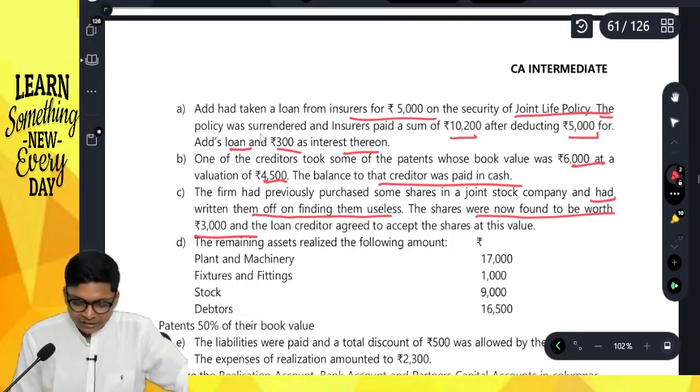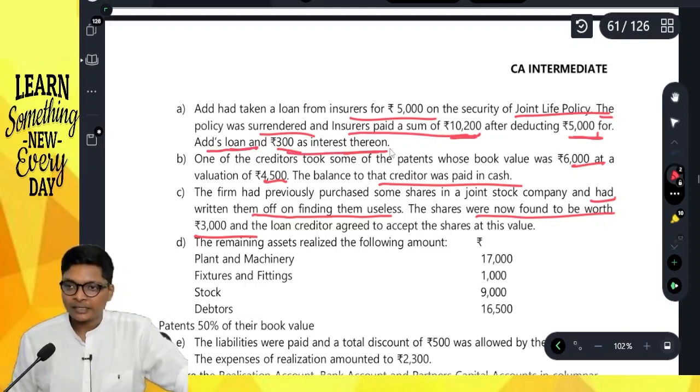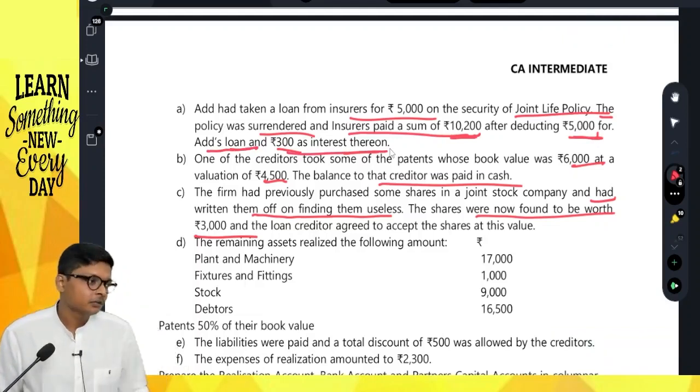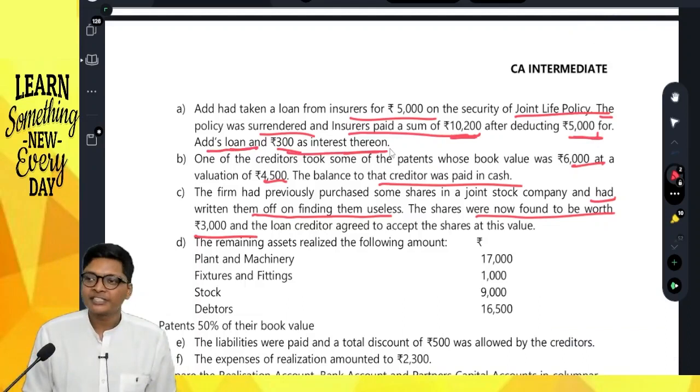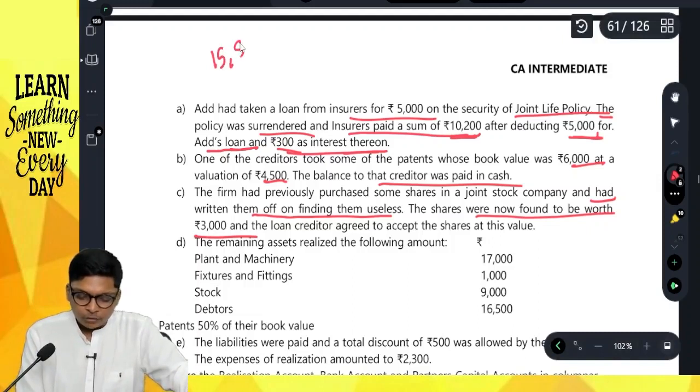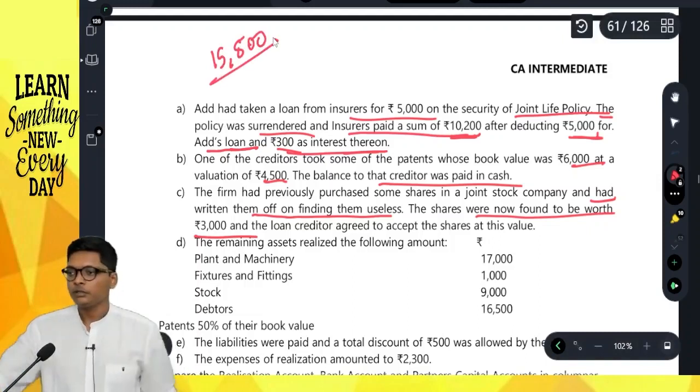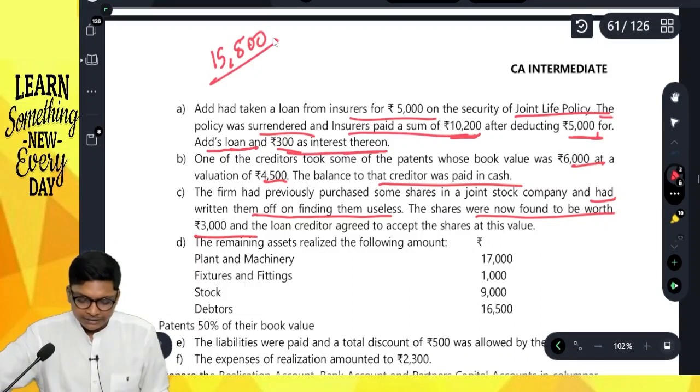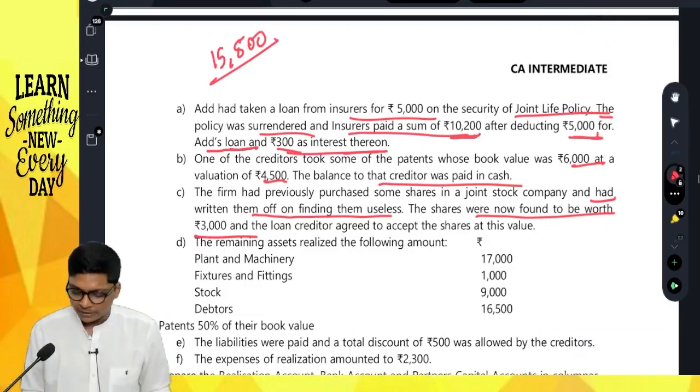The policy was surrendered. Insurers paid a sum of 10,200 after deducting 5,000 for AD's loan and 300 for interest. How much should I have received? I should have received 15,500. Correct?